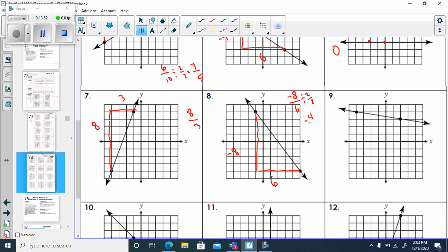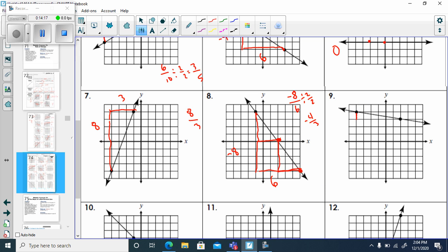I've got negative 4 over 3. Is that the slope? Go down 1, 2, 3, 4, and then over 1, 2, 3. Yeah, it puts it right there on the line. Those two have a slope of negative 4 over 3. Down 4 and then over 3. Yep, the line has a slope of negative 4 over 3.